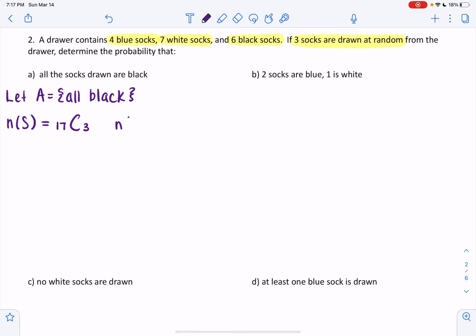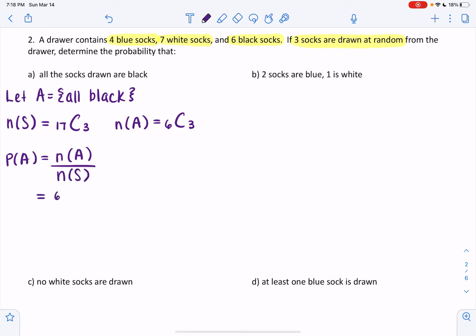Now for the number of ways our event can happen, we want 3 black socks. So if I look, there are 6 black socks, and I want to choose 3 of them. So now that I have those 2 values, I can find my probability of event A, which is the number of ways A can happen, divided by my total outcomes.